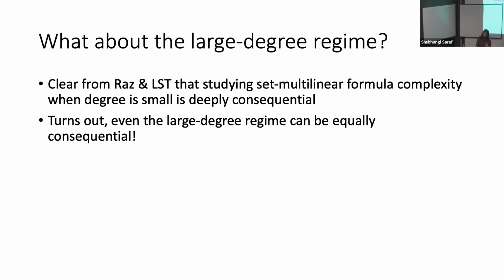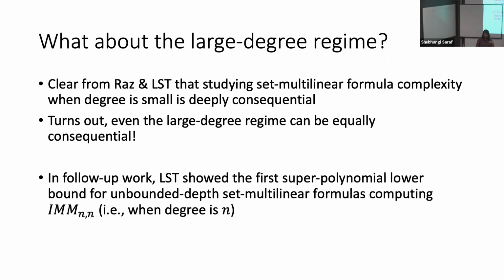It turns out that studying set multilinear lower bounds, even in the large degree setting, is interesting. And let me say why it's interesting, even for large degrees. So clearly from the Raz and LST works, low degree is essential. Let me tell you why it's interesting for large degrees.